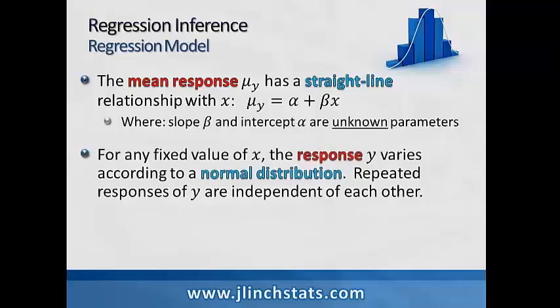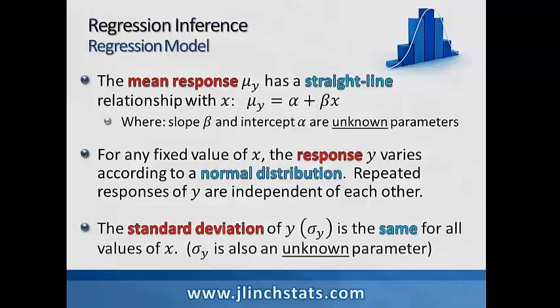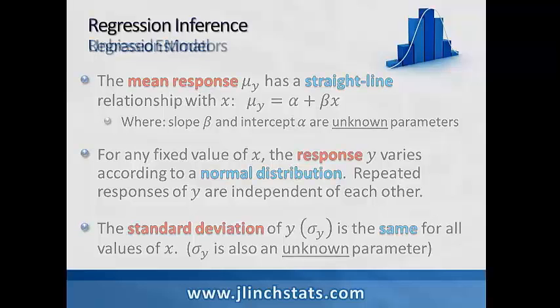Now for any fixed value of x, the response y varies according to a normal distribution. Repeated responses of y are independent of each other. And the standard deviation of y, which we'll call sigma sub y, is the same for all values of x. Sigma sub y is also an unknown parameter.